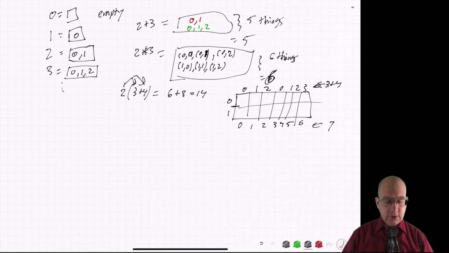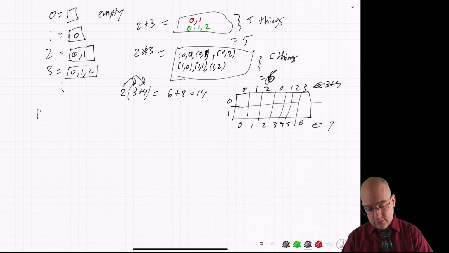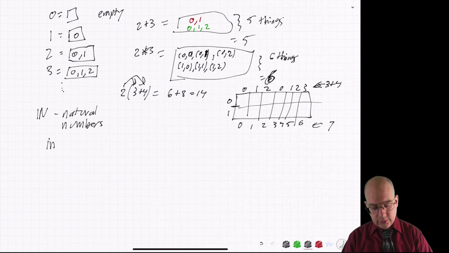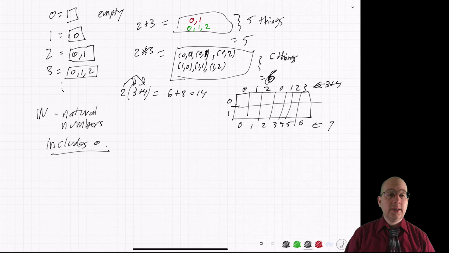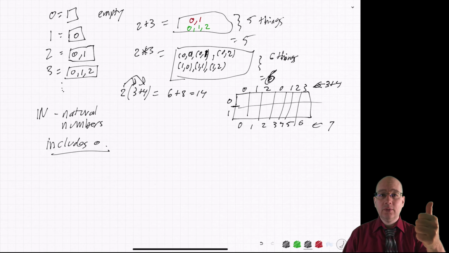All right, so that's the natural numbers. It includes 0. I say that specifically because in a lot of K-12 texts, they don't include 0. I don't know why. I guess because you start counting with 1 because you got something.